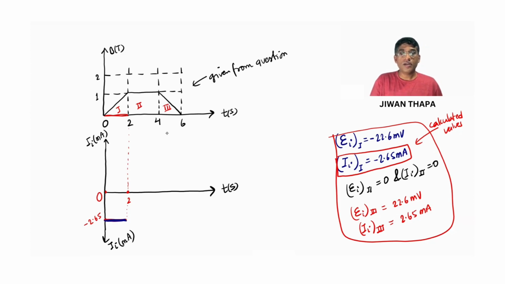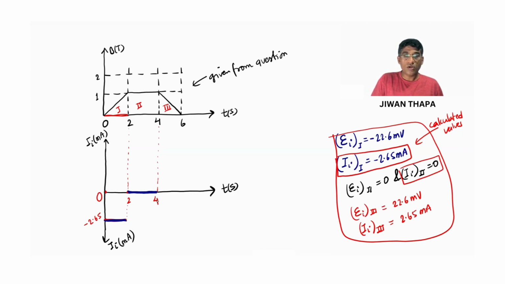Now for region second, that is for the time interval between 2 seconds and 4 seconds, induced current is 0. There is no induced current for this interval of time.